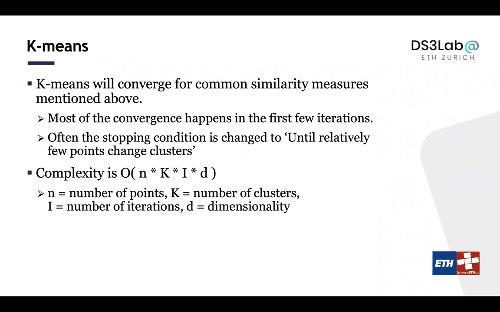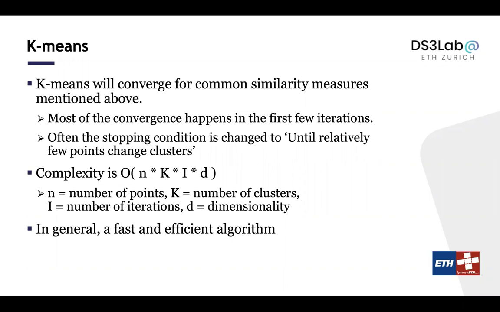Now the complexity. N is the number of data points, K is the number of clusters, I is the number of iterations, and D is the dimensionality. If you are doing Euclidean space and your aggregation strategy calculates the mean to find the centroid, you have this complexity. For different types of distance functions, you may have different complexity and different dependency on the dimensionality.